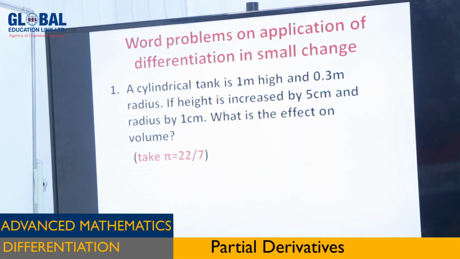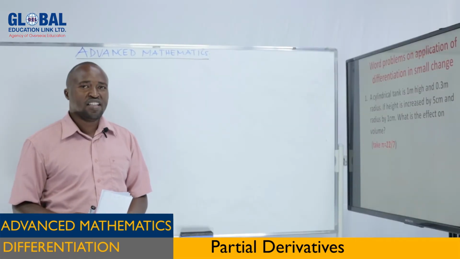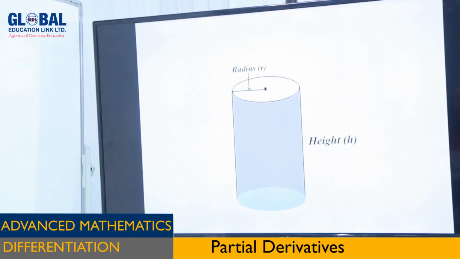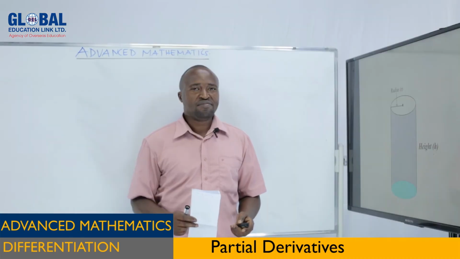If height is increased by 5 centimeter and radius by 1 centimeter, what is the effect on volume? Dear student, here we have our cylinder with height h and the radius r. Our intention is to find the change in volume.